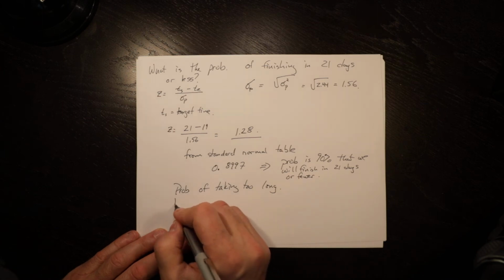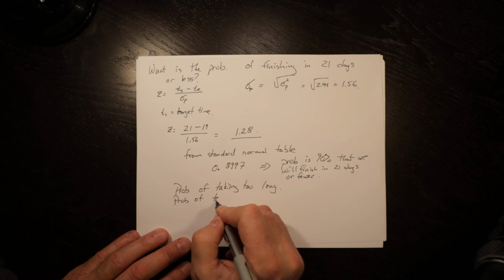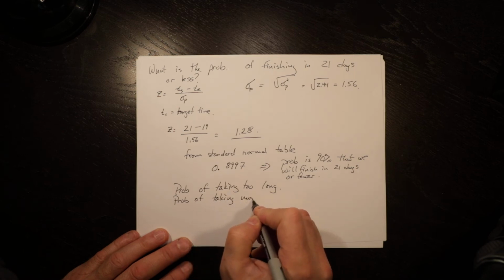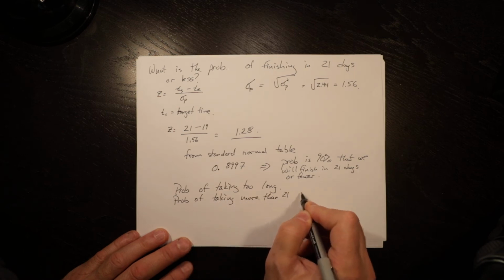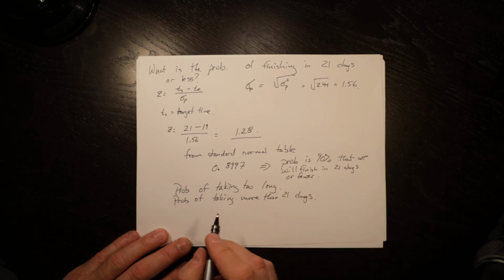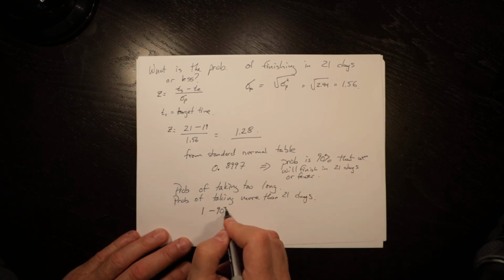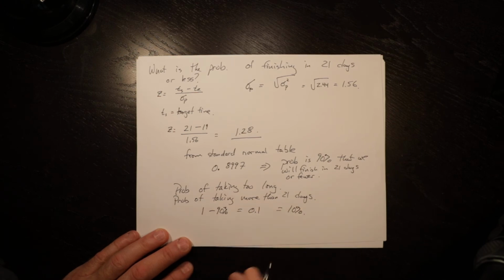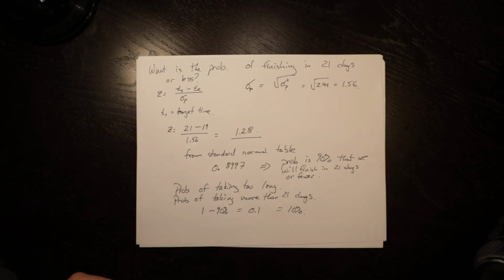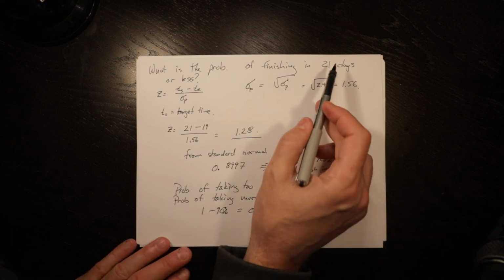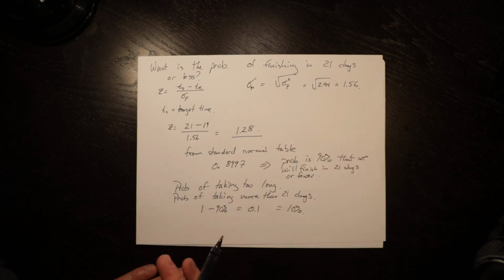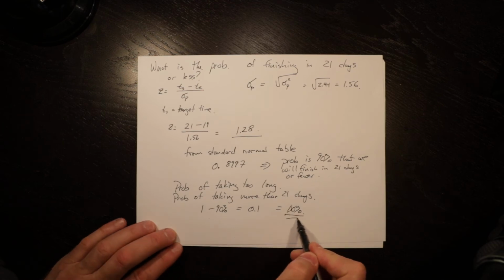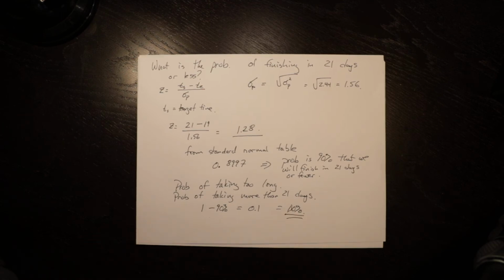The probability of taking more than 21 days is 1 minus 90%, which equals 0.1, or 10%. We know that all of the possible outcomes have to sum to 1. So if 21 days or fewer is 90%, then more than 21 days has to be 1 minus 90%, equal to 10%. So that's how we got that number.